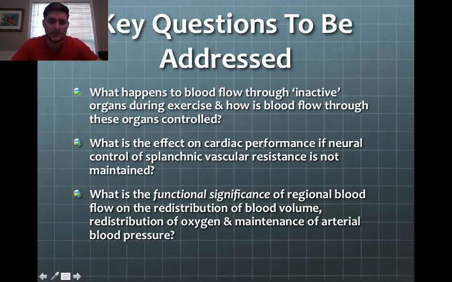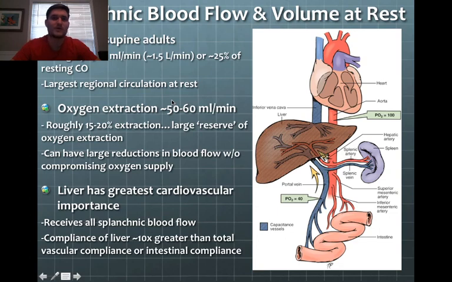And what's the effect on cardiac performance if neural control of splanchnic vascular resistance is not maintained? Well, as you saw, there's going to be a reduction in that preload, and therefore we wouldn't be able to maintain aerobic exercise. And what's the functional significance of regional blood volume on the redistribution of blood volume and oxygen and our mean arterial pressure, right?